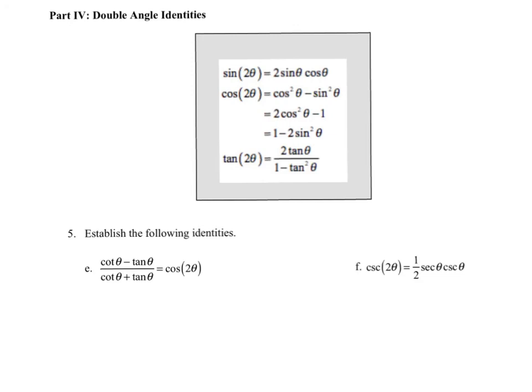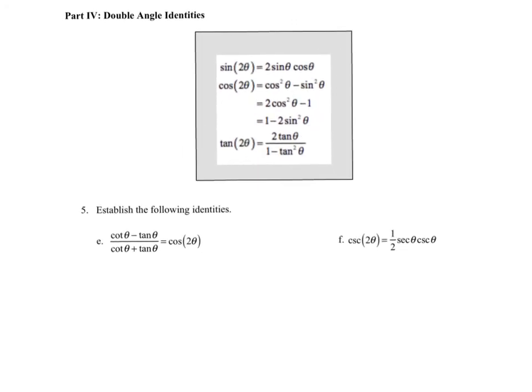So starting with this left-hand side, I'm going to probably go the common denominator route again. So cotangent theta is cosine theta over sine theta. Tangent theta is sine theta over cosine theta. On the bottom, we get cosine theta over sine theta plus sine theta over cosine theta.